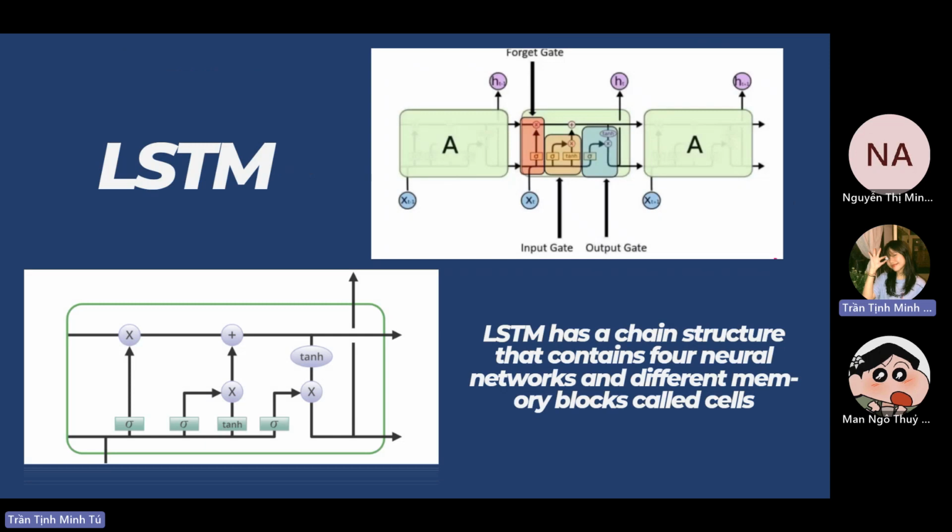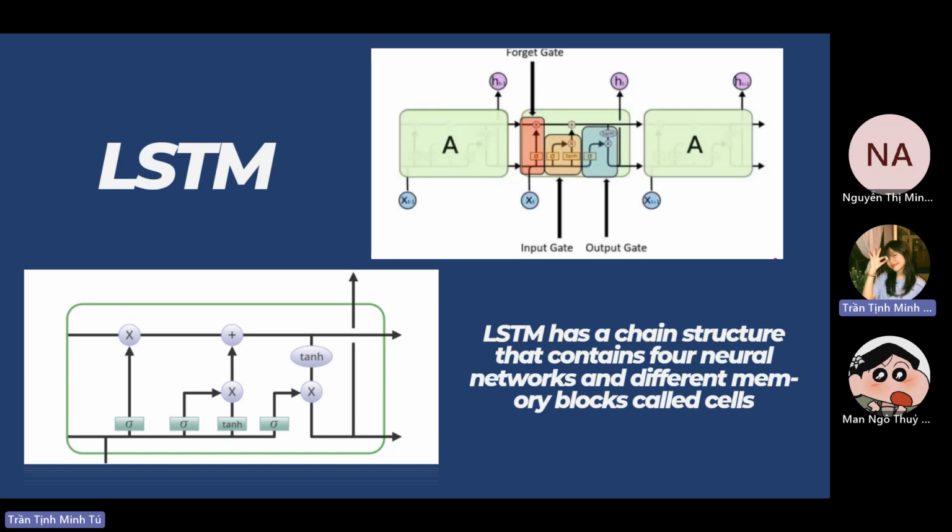Next is LSTM. This is a deep learning model. Long short-term memory is a kind of RNN. In RNN, the output from the last step is fed as input in the current step.